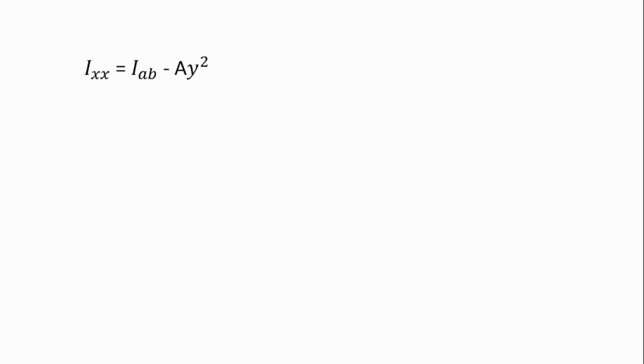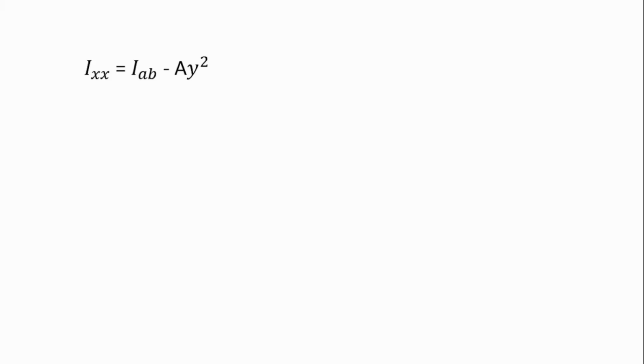IXX is equal to IAB minus AY squared. We use this relation to get the moment of inertia along the neutral axis XX. We already know our value for IAB to be 696.77 times 10 raised to 6 millimeter to power 4.